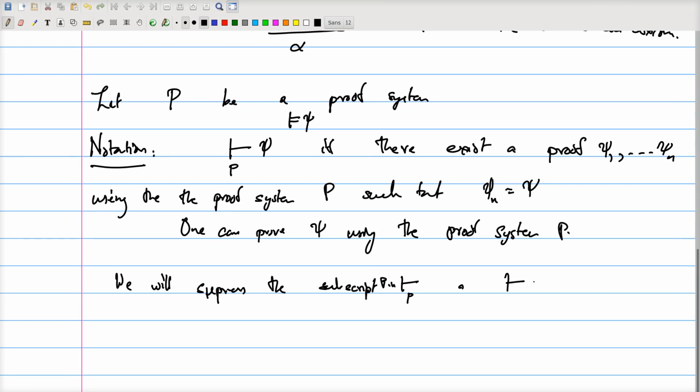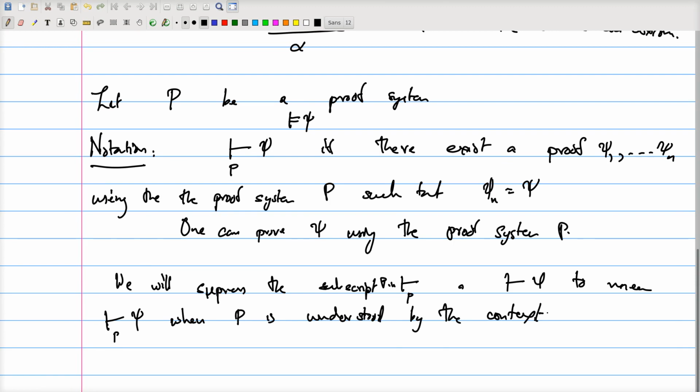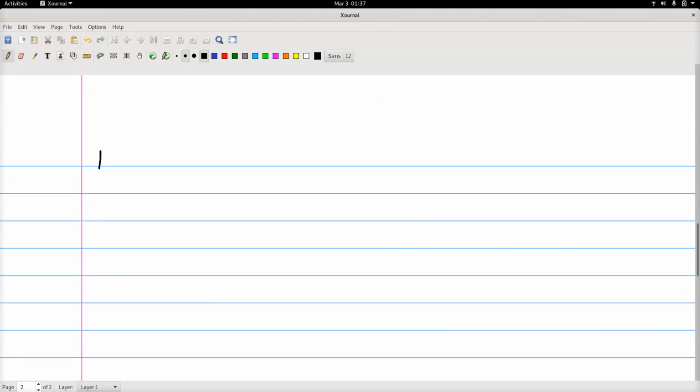We will just write this to mean the same when P is understood by the context. We most probably will be talking about one particular proof system, and in that context we will skip the subscript.